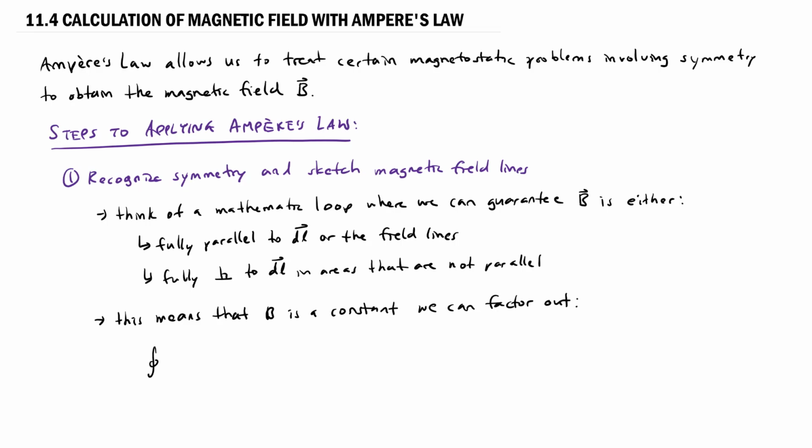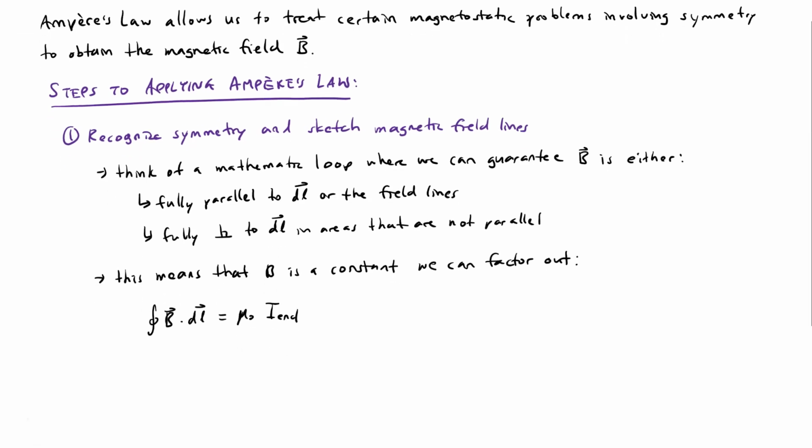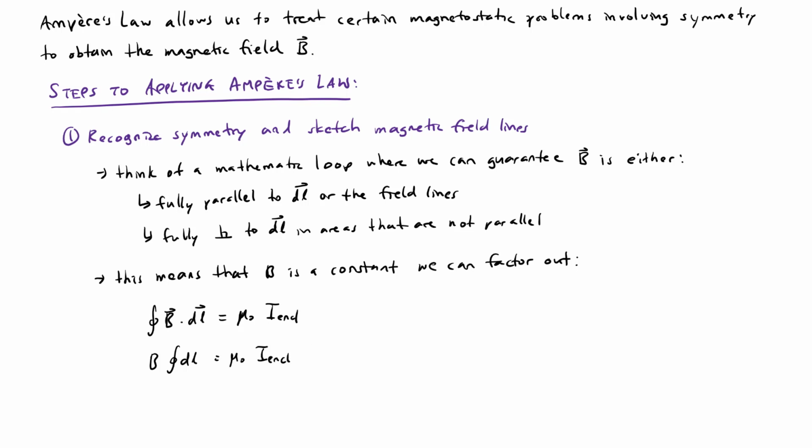Then the integral of B dotted with dl equal to mu naught I enclosed becomes B times the integral of dl equal to mu naught I enclosed, but we can also represent I enclosed as the surface integral of J dotted with dS.